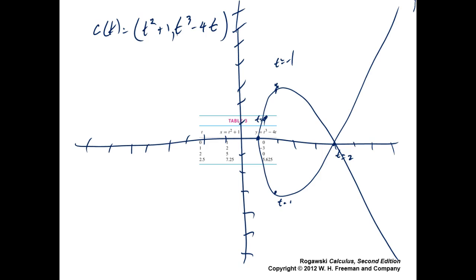No matter what t you put in there, that's going to be positive, never less than 1, which you reach when t equals 0. x's relationship to t is that if t goes positive or negative, x stays positive. So x is an even function, and it always stays positive.